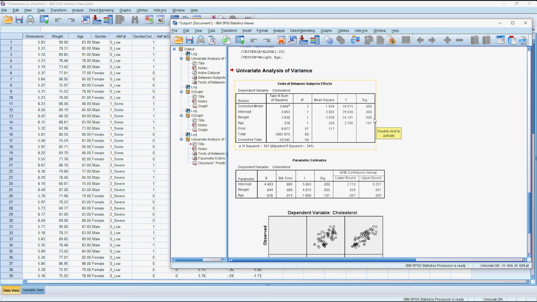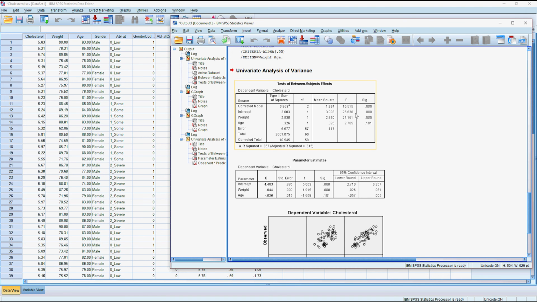Weight is significant and the age is not. So it's saying that once we've adjusted for weight, the age is actually no longer important. If you just looked at age by itself, it probably would be significant. So this is where you get the difference between looking at things separately and looking at them all together. And usually the preferred practice would be to look at things all together.